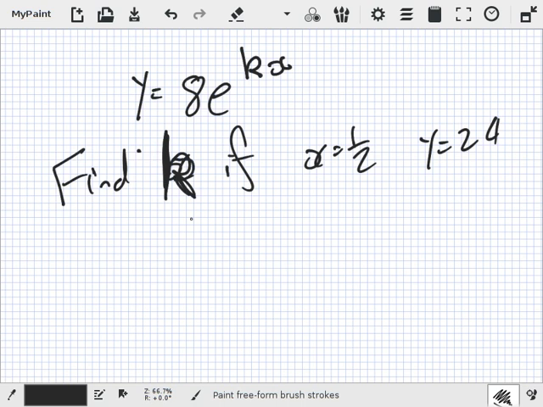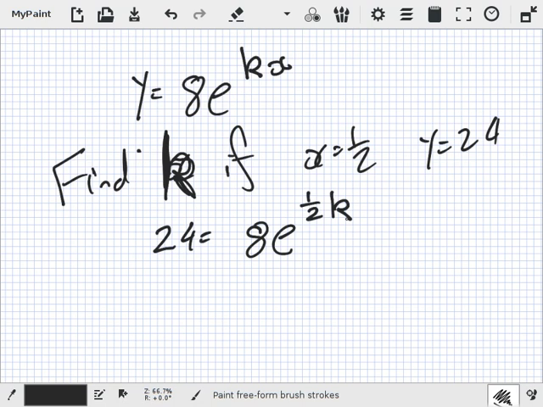So what should I do? Yeah, make k the subject. Now before I make k the subject though, I should substitute the x and the y. Okay, so we have 24 equals 8e^(half k).